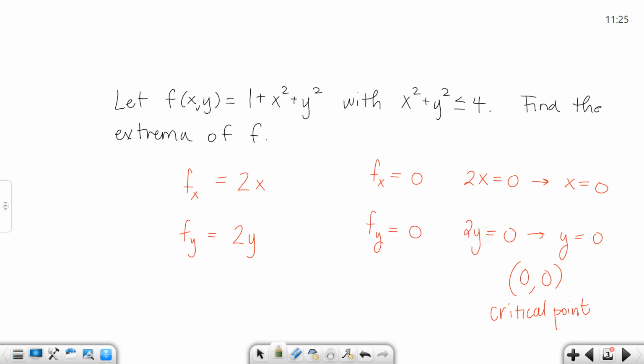What the second derivative test told us to do was to take all of the partial derivatives. So we take fxx, which would be 2. We take fxy, since there's no y there, it would be 0. We go down to this one and take fyx, which would be 0, and then fyy, which would be 2.